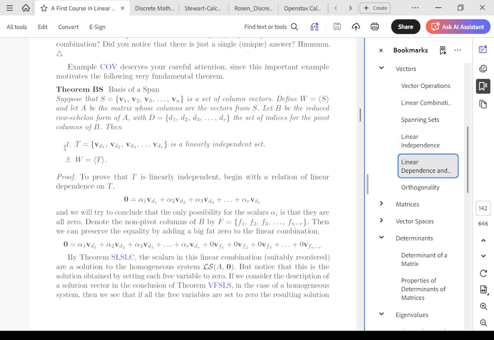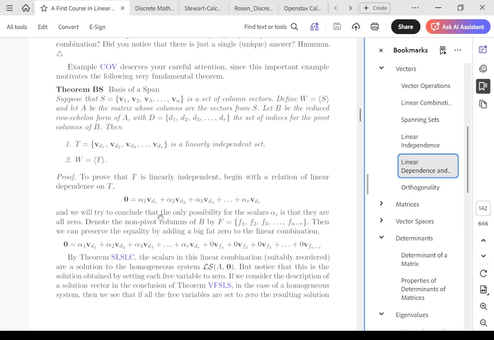That's what part 1 is telling me. Okay, and what this states is that W is the same as the span of T. So this process is a way to eliminate these redundant vectors.